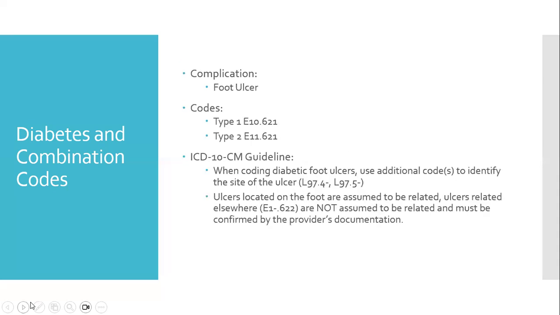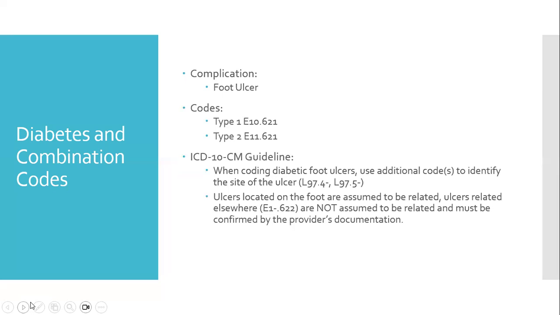So, for a complication of a foot ulcer or a sore, there's also a direct causal relationship, and there's also a code also note. So once you get out of your alphabetic index and you see that this is a diabetic foot ulcer, and you know that it's either E10.621 or E11.621, you also have to know more about the foot ulcer itself.